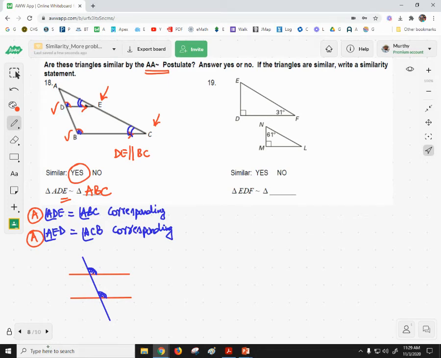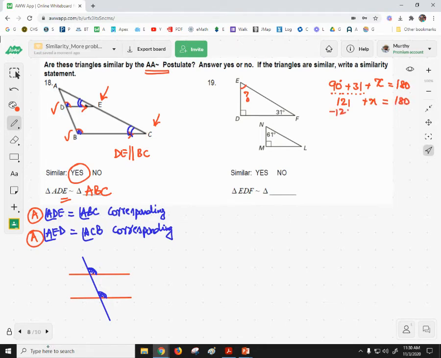Therefore, let's try to figure out what the third angle is here. We know that the sum of the angles of a triangle equals 180. I know that one angle is 90 and the second angle is 31 and the third angle is missing. You can take the question mark, but I personally prefer to take it as x. Okay, so 90 and 31 makes 121 degrees, plus x is 180 degrees.